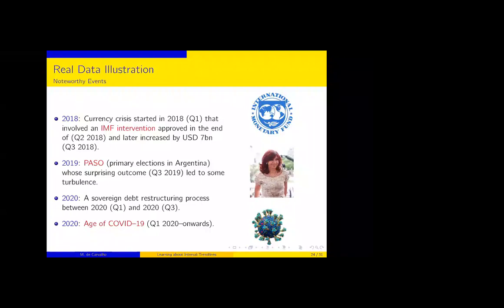In terms of the PASO, the unexpected point was precisely related to Cristina Kirchner: the polls did not expect her to do so well, so that was a surprising outcome, and it led to some discussions as well. I'm not an expert on political science, so I'll stop there.